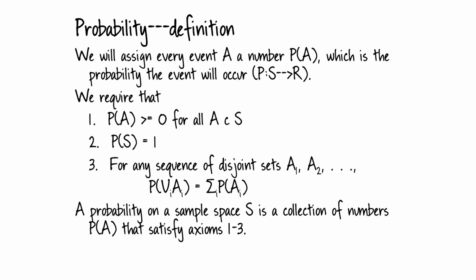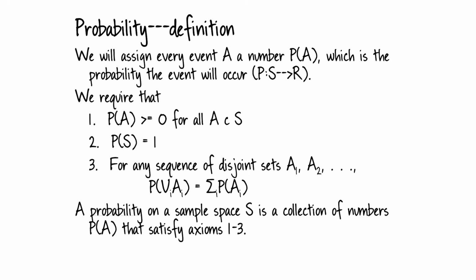And the third thing we require is for any sequence of disjoint sets, which I'll call A1, A2, and so on, it could be a finite or an infinite sequence, the probability of the union of that sequence is equal to the sum of the probabilities of those events.